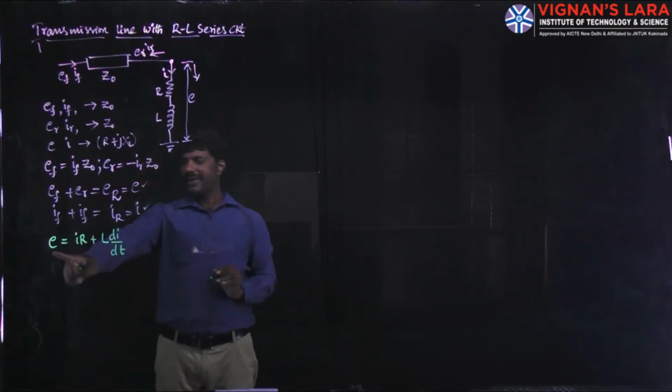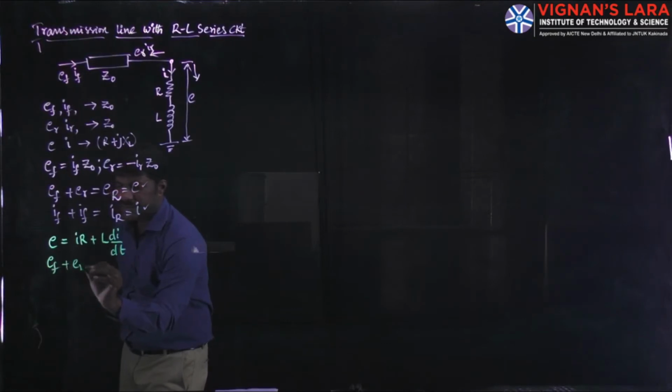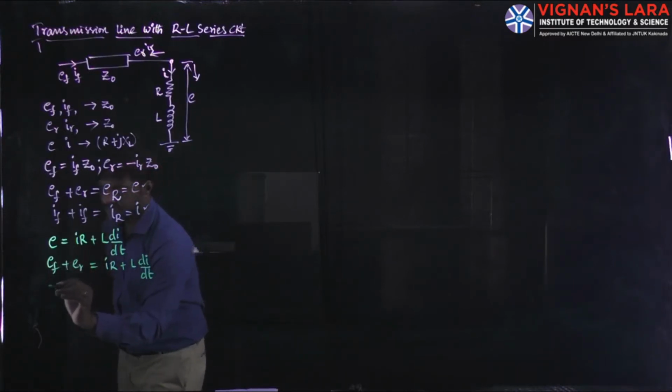What is this E value? E resultant is equal to E, which is equal to EF plus ER. So I can write this as EF plus ER, which is equal to I into R plus L di by dt. So what is EF?